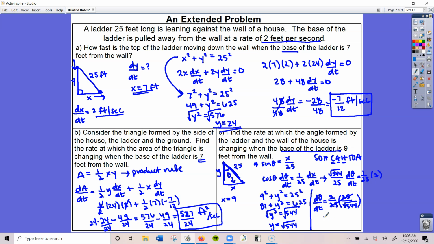The 25's cancel, so d theta dt is going to equal 2 over the square root of 544. And if you're ever solving for the rate of change of an angle, the unit will always be radians, because we only use radians here in calculus. So radians per unit of time, which was given to be seconds.